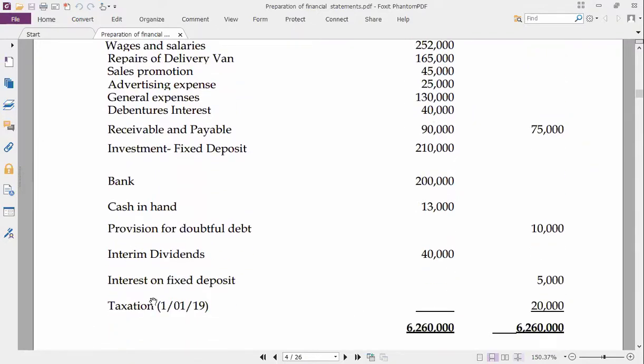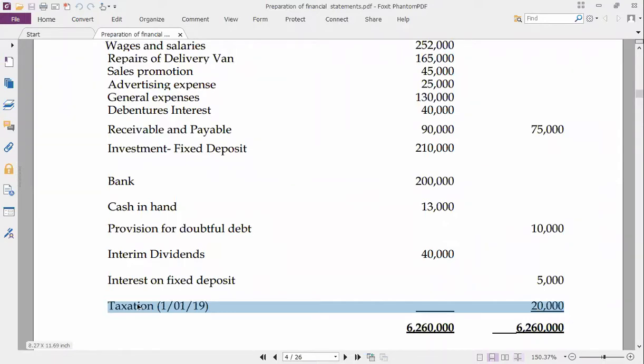So you can see taxation here, the last figure. That's the 20,000. That is what they are referring to as the balance, representing an amount that we owe coming from last year. A liability does not go to P&L. So we should take note. Liability goes to the financial position.